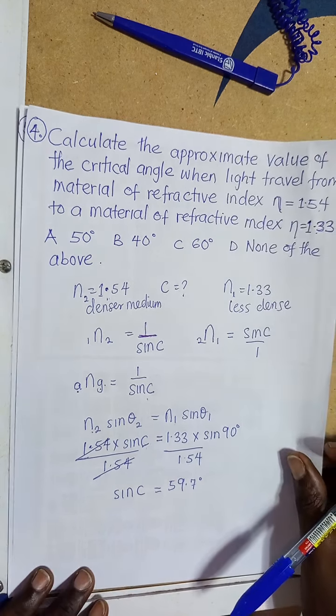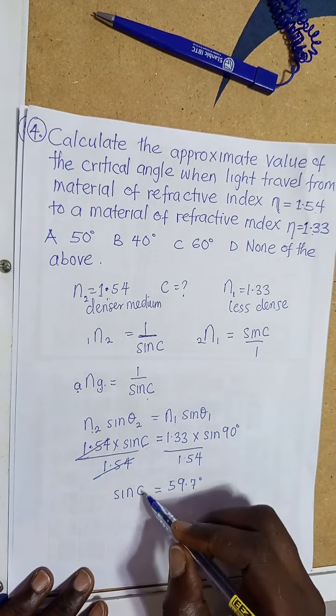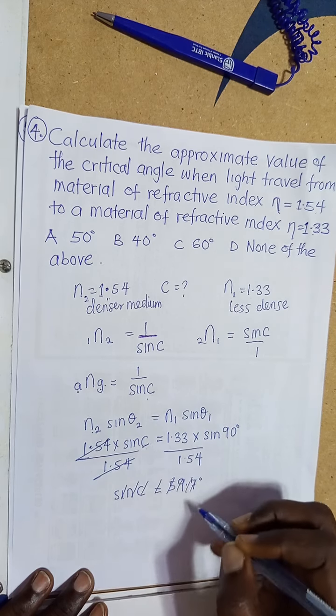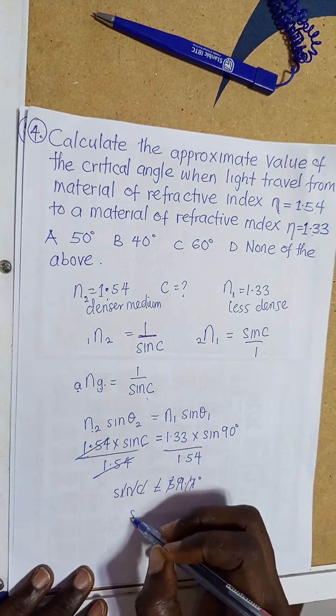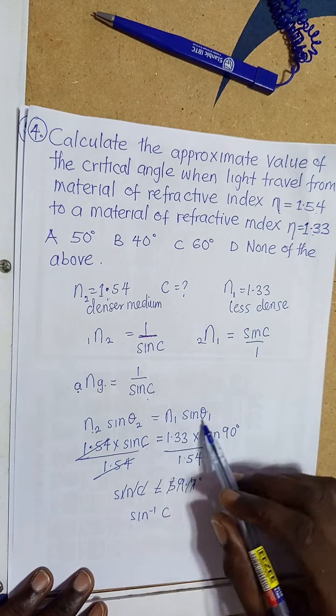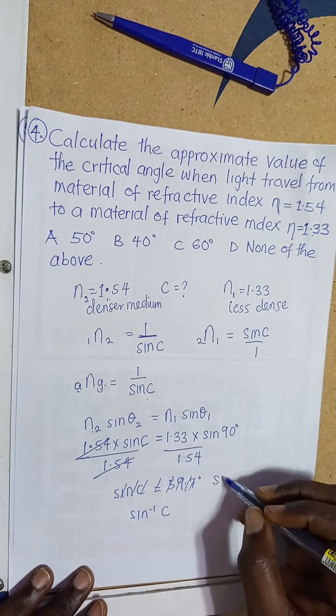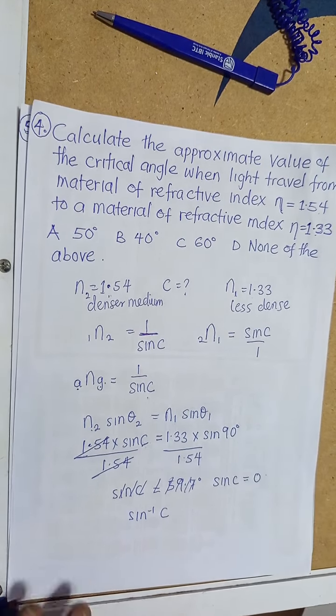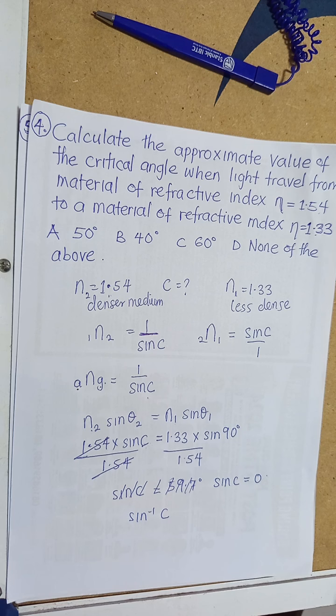So in case now, and this is what? Sine inverse, sorry for that. This one gives us what? Sine inverse of C, because everything you have here will now be what? Sine C is equal to what? 1.33 divided by 1.54.